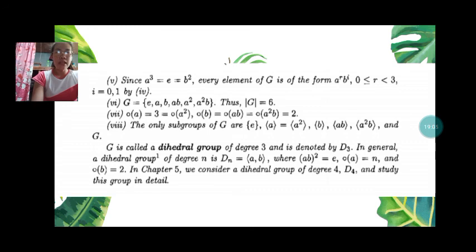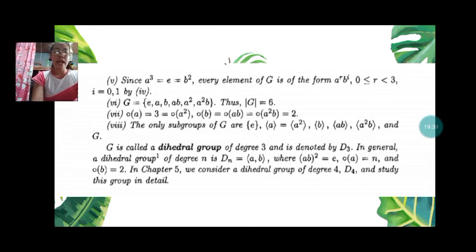Then number 8, the only subgroups of G are the set of E, the subgroup generated by A, which is equal to the subgroup generated by A squared, the subgroup generated by B, the subgroup generated by AB, and the subgroup generated by A squared B, and G. So, G is called a dihedral group of degree 3 and is denoted by D sub 3.